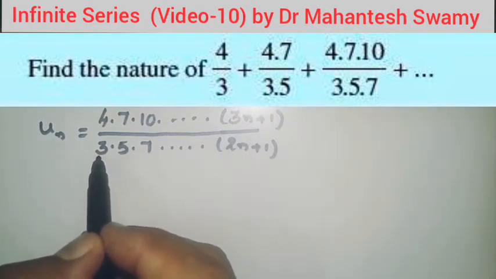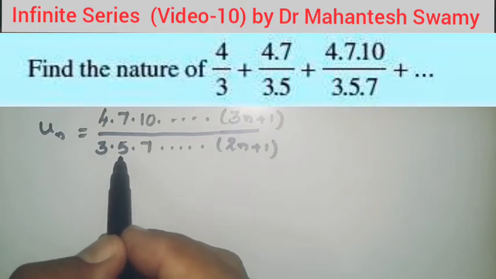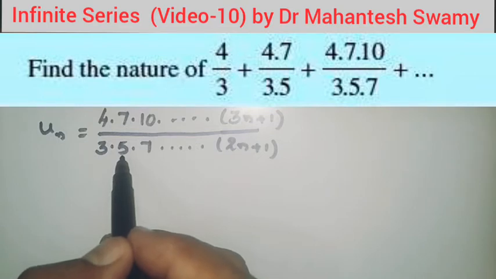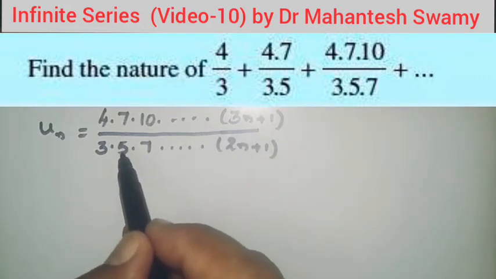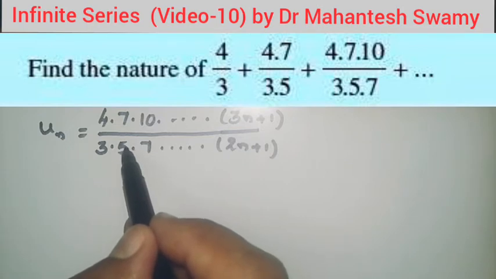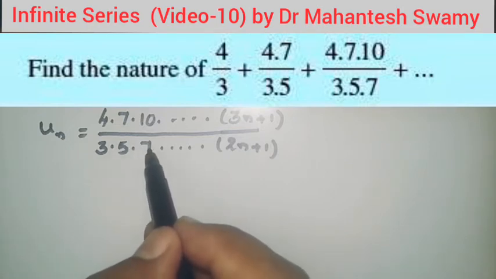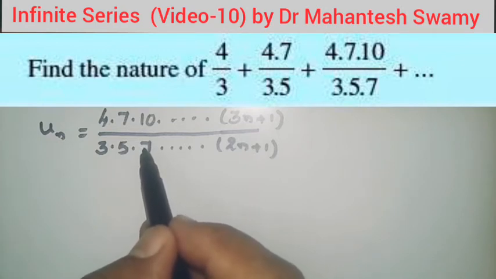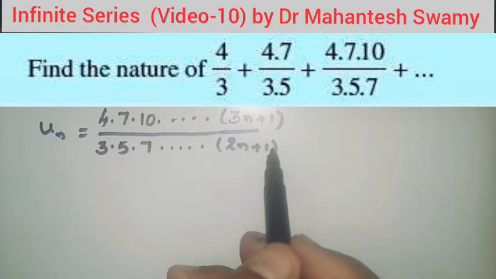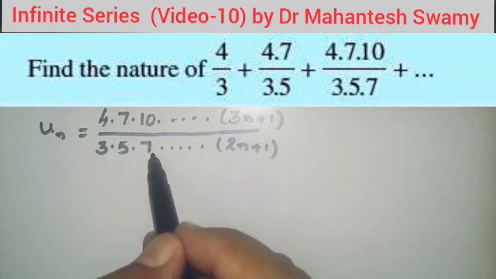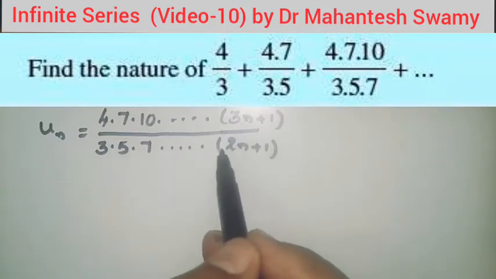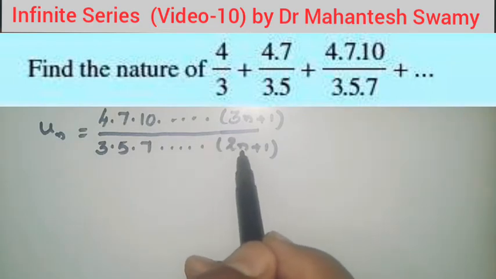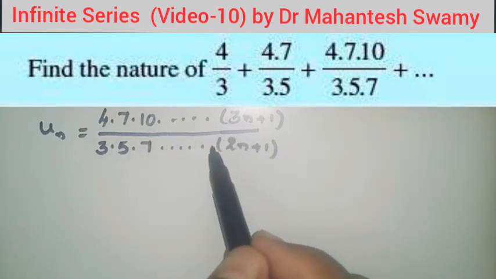For the second term, we put n equal to 2, therefore it is 2 into 2, 4 plus 1, 5. We are getting the second factor which is present in the second term. Similarly, this is 6 plus 1, so it is 2 into 3 plus 1. So it is 2n plus 1 with n equal to 3 in the third term. In general, the nth factor in the nth term is 2n plus 1. So this is how we have written the nth term un.